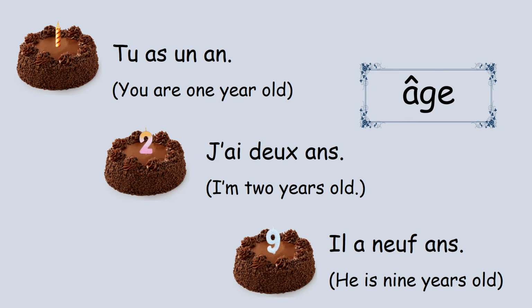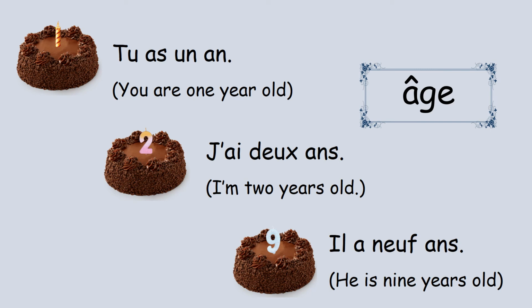Or il a 9 ans. Be careful, 9, neuf, is ending in f. But I didn't say neuf ans, I said neuf ans with a v sound. It's a very common mistake many beginner students make. When the next word starts with a vowel, we have to use the v sound. F becomes v if the next word is a vowel.